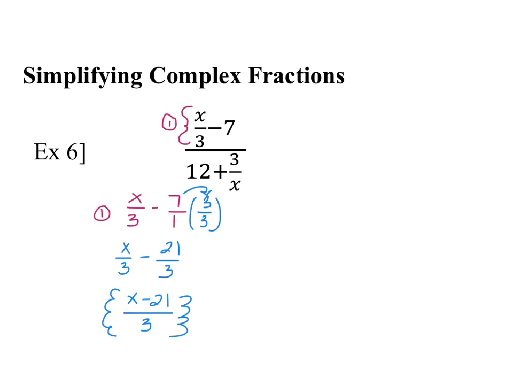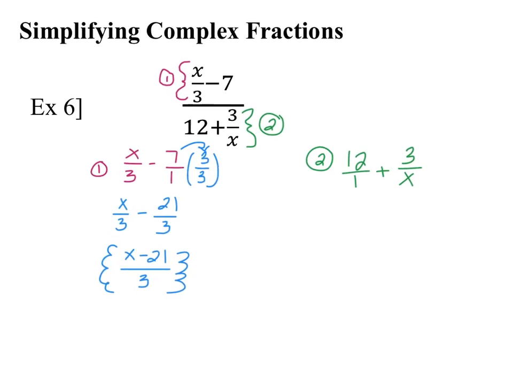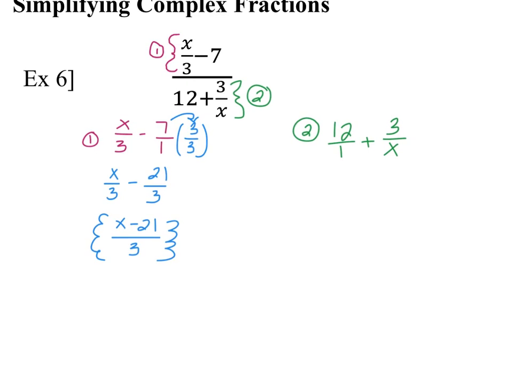Now that we have the numerator as simple as it's going to get, let's look at the denominator. So that's part 2. 12, and again, I'm going to go ahead and make that a fraction, over 1, plus 3 over x. Just like we got common denominators for the numerator portion, we still need common denominators for the denominator portion. So with this guy, I have a 1 and an x.